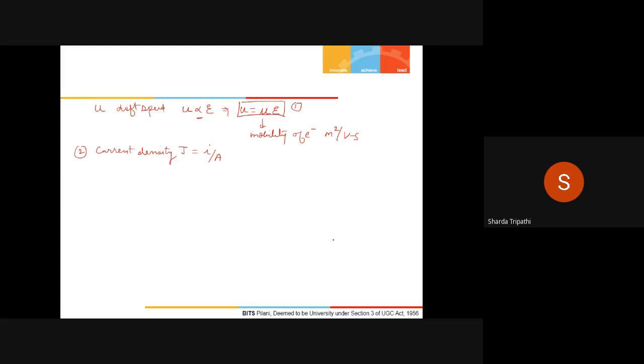So in case of metals, how can I calculate this? Say for example, I have a metallic strip like this, and it has length L and some cross-sectional area A. Then by applying an electric field, what happens? The electrons start moving from this end to this end, so that the net current flows from here to here.